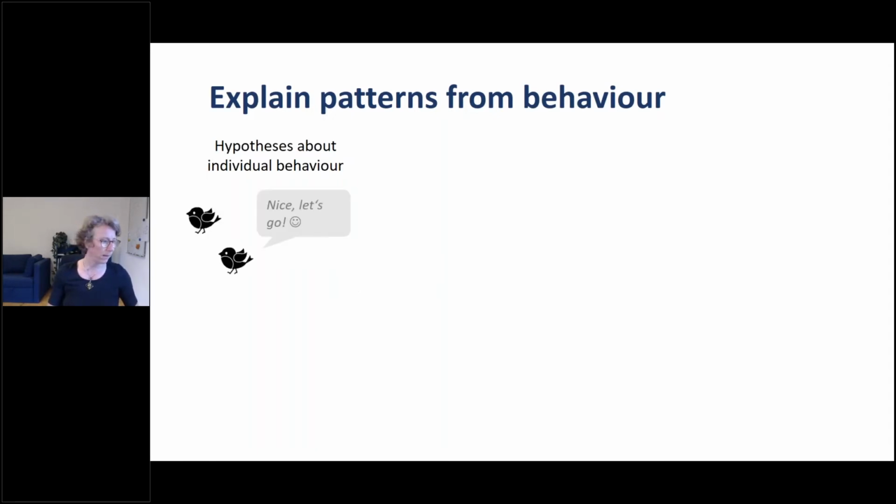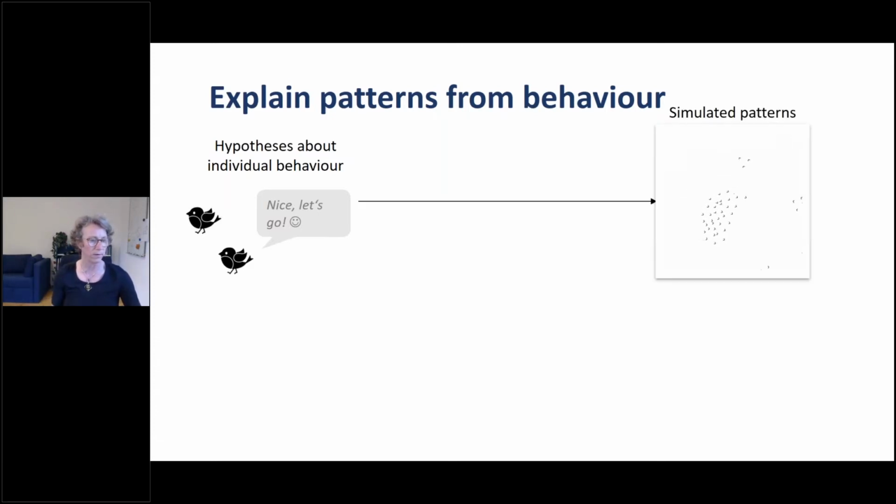A cozy distance where these two birds feel happy to go. And if they fly, and I'm sorry that I showed you the result already, think a minute of what would come out if there are 100 birds flying together with this cozy distance. So what would be the spatial temporal pattern that comes out of I want to fly with you and 100 other birds in this cozy distance?